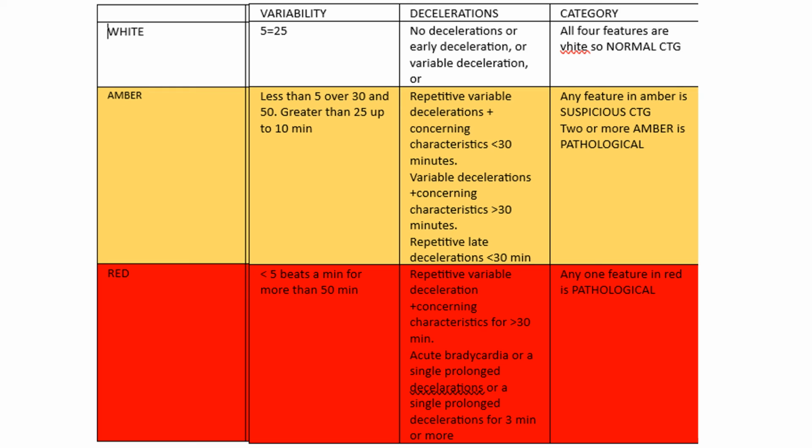So we use the categorization in this way, that white means no deceleration, and amber means repetitive variable deceleration.